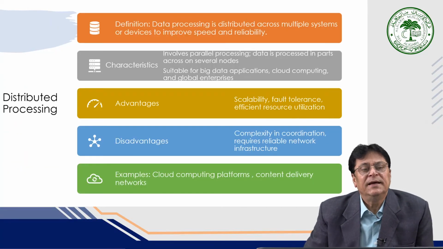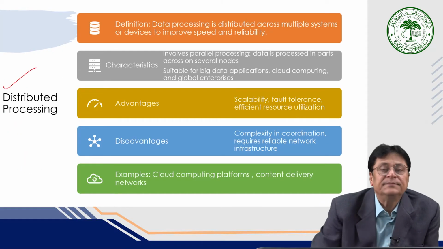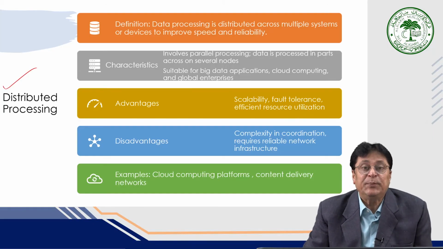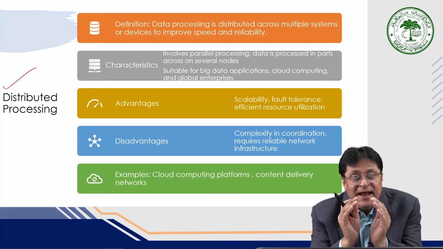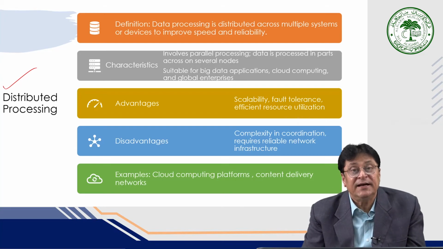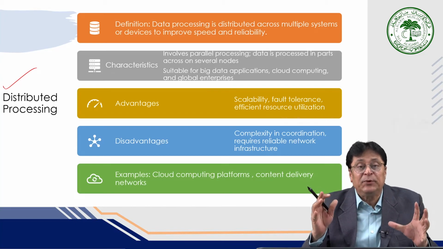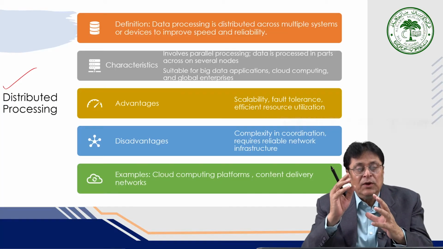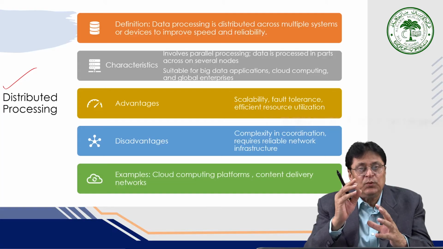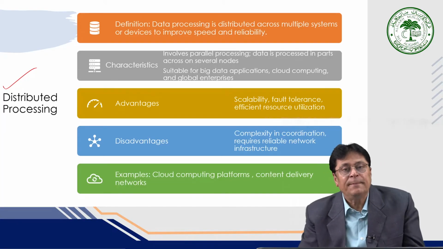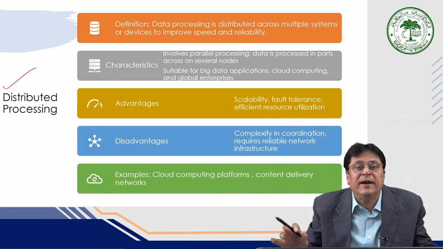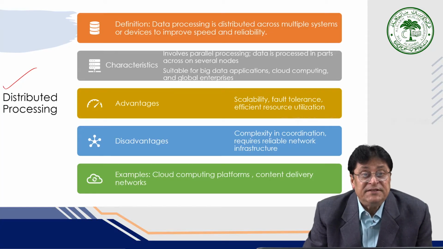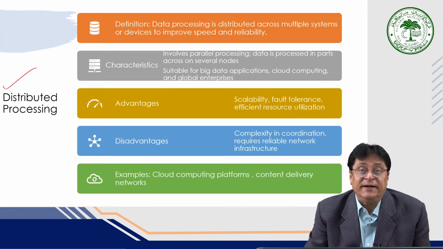Next is distributed processing. As the name implies, the processing is not being done at a central place. Rather, a task, say task A, has been broken into tasks 1, 2, 3, 4, 5, and distributed over different data processing systems which are capable of processing it.